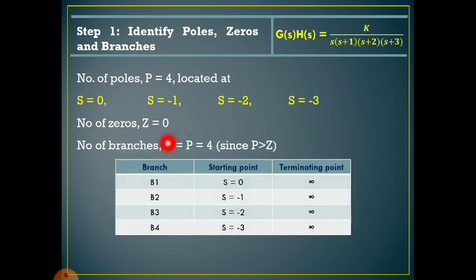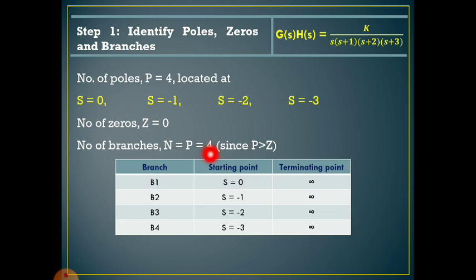Now with respect to branch, we have to identify for each branch the starting point and terminating point. General theory states that a branch will always start at an available pole location and should end at a zero. But if there are no zero locations available, they will end at infinity. So here in this particular problem, we have 4 branches.